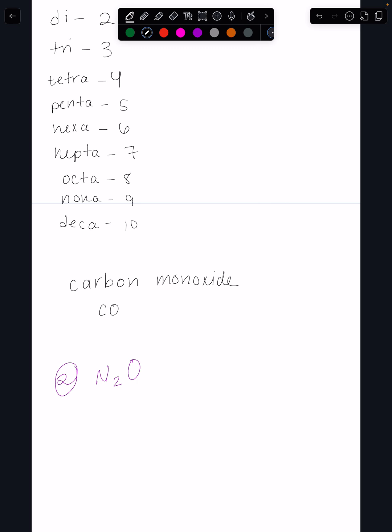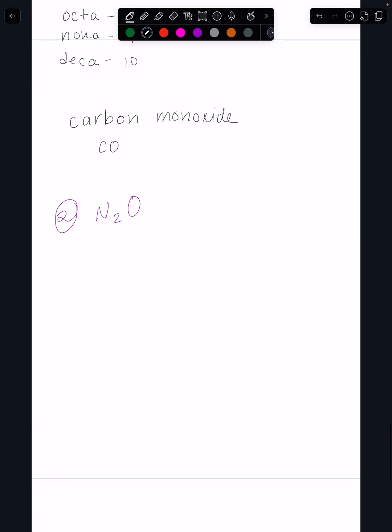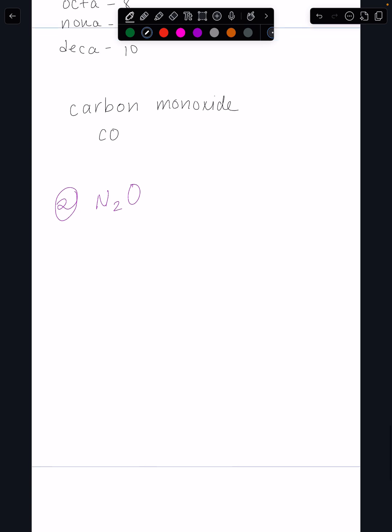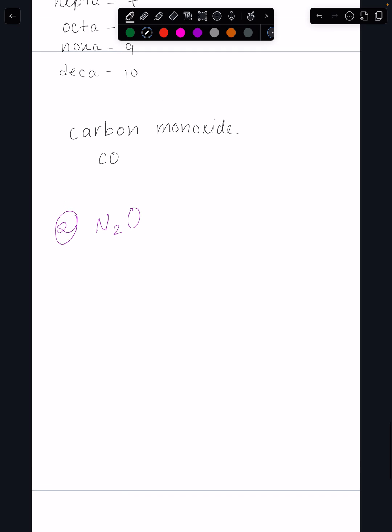Given the formula, give me the name. So, example 5.3 is P2O5. So you have 2 phosphorus and then 5 oxygens.